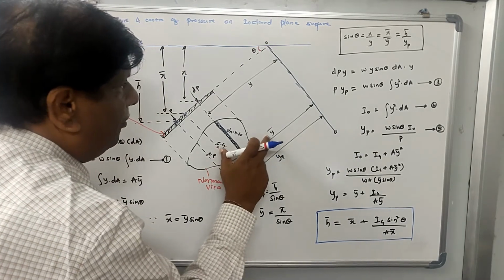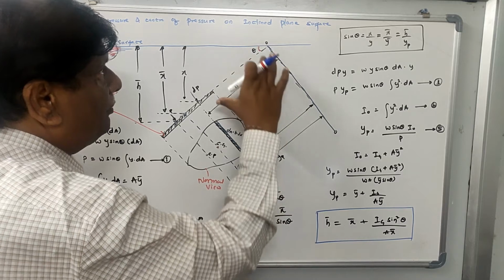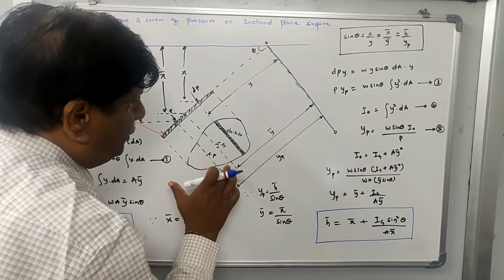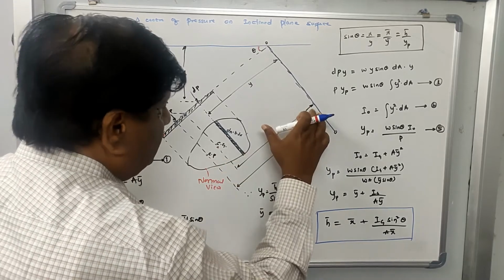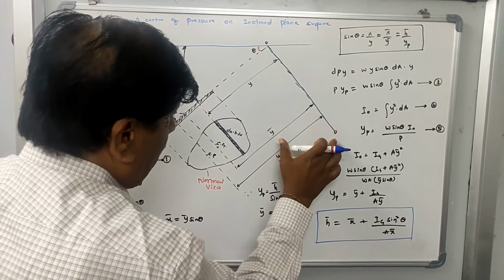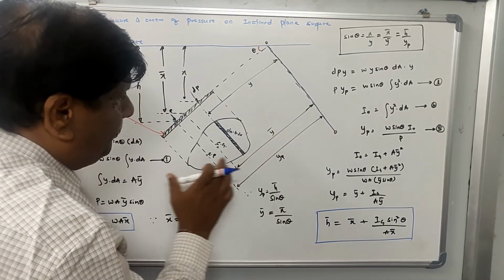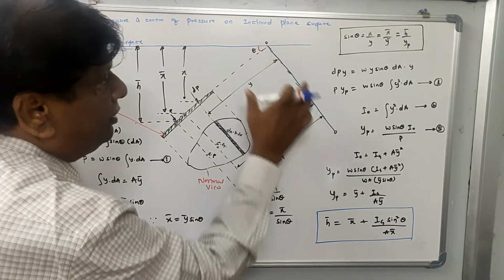Y bar is the distance between the CG point and the axis OO. Yp is the depth of the CP point from the axis OO.